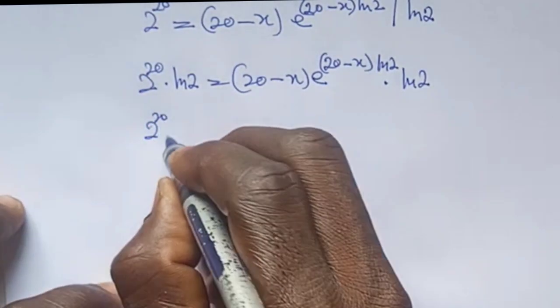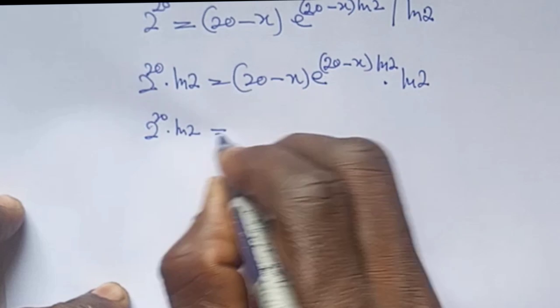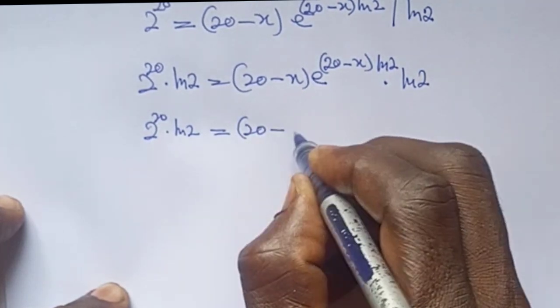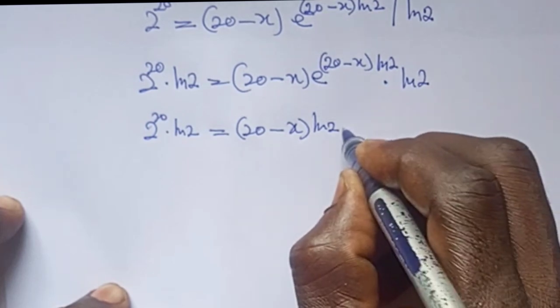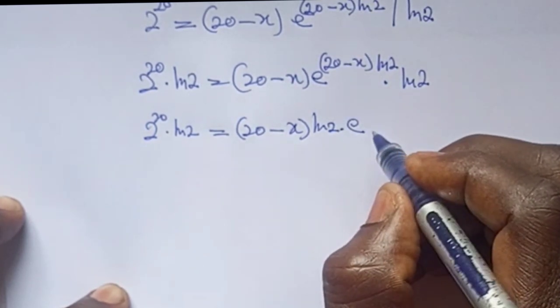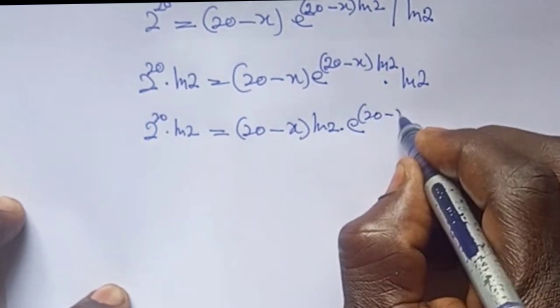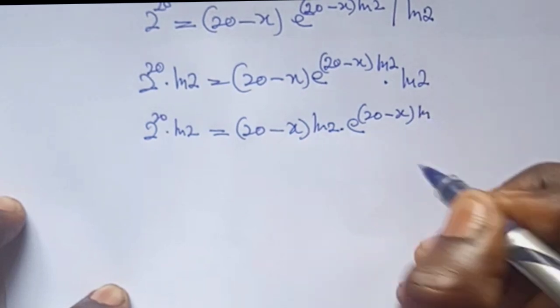So 2 to the power of 20 times ln 2 is equal to 20 minus x ln 2 times exponential 20 minus x ln 2.